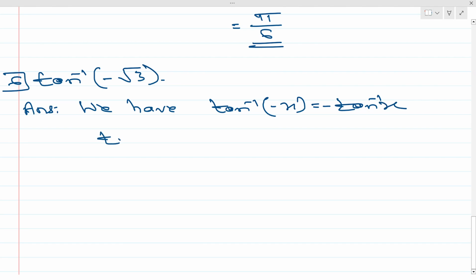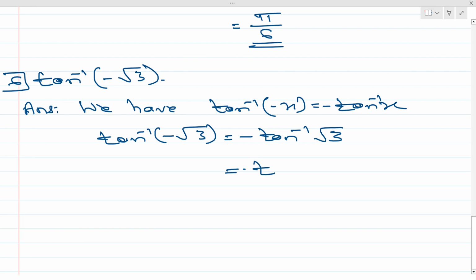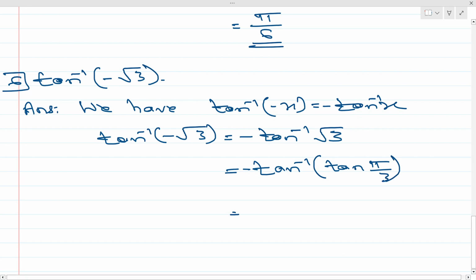Therefore, tan inverse minus root 3 is minus tan inverse root 3. Tan inverse root 3 is obtained by tan pi by 3. That's for 60 degree. Tan inverse and tan cancels. Our final answer is minus pi by 3.